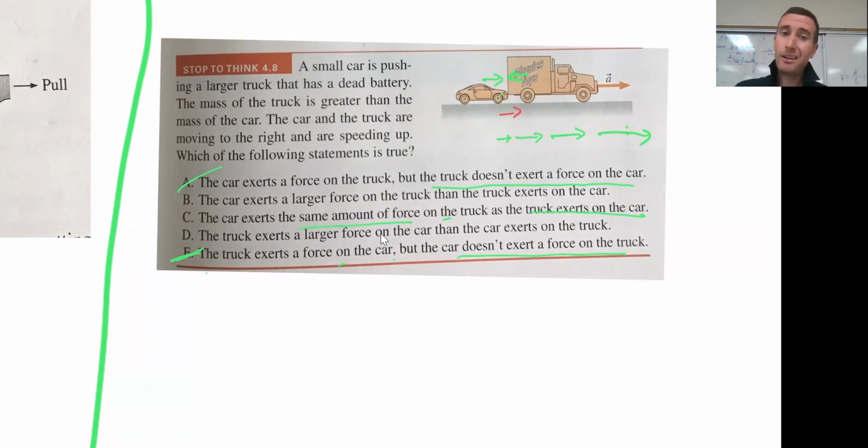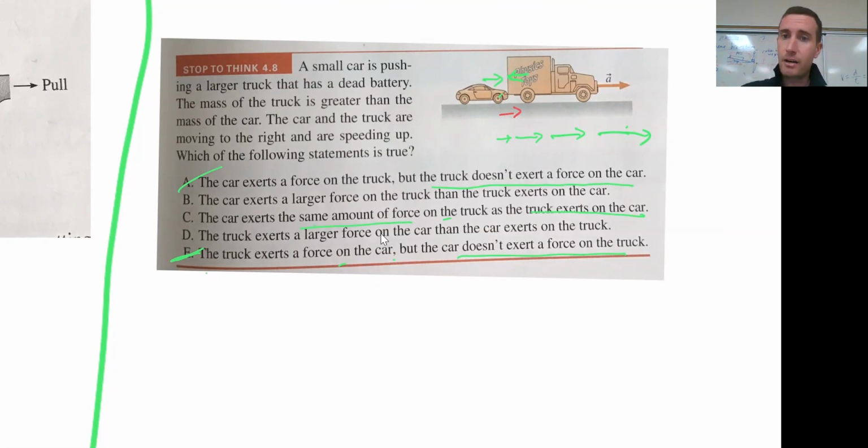Now, it is accelerating to the right. However, we would treat them, because they're touching each other, as like one object. So the car doesn't actually have to exert a larger force on the truck. They're going to exert equal and opposite forces on each other.